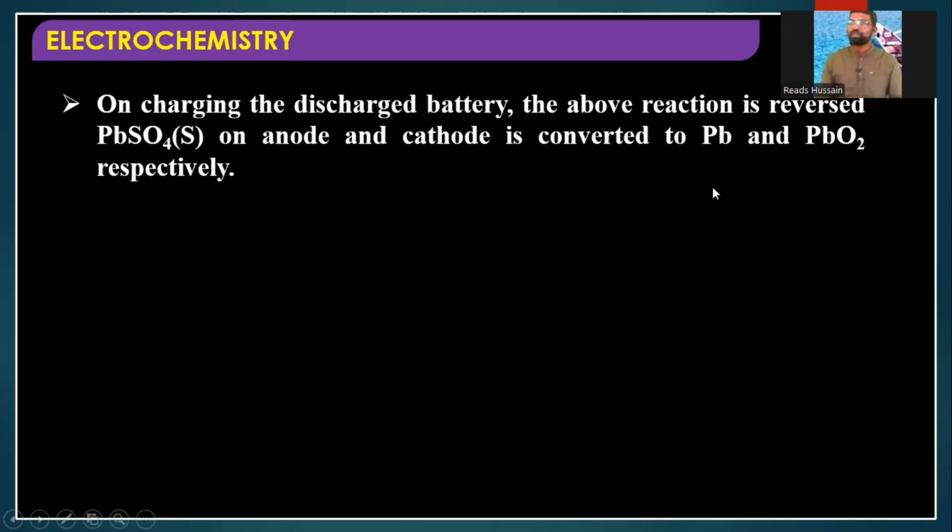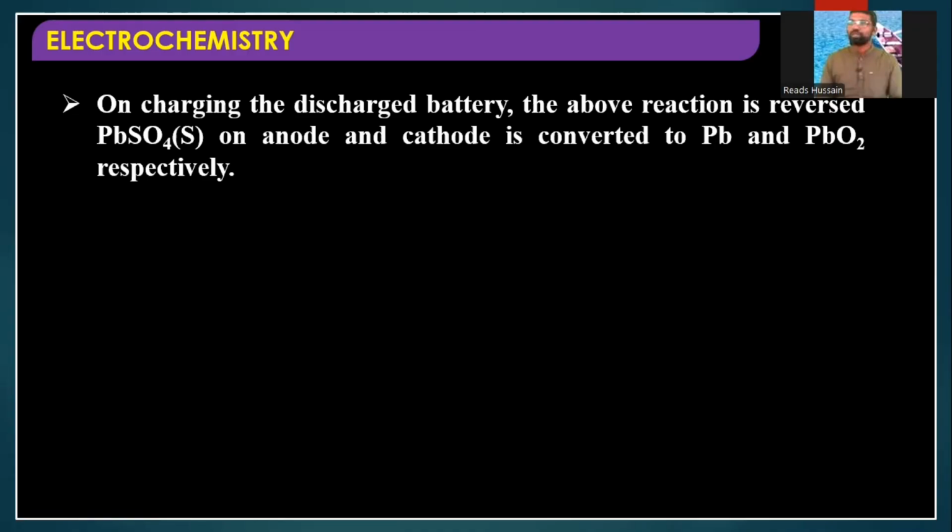That means, do you understand? In our mobile phone, one reaction is going on when we are using the battery, when we are watching YouTube videos or WhatsApp or Facebook, or calling our friends, then slowly and steadily the battery will discharge.